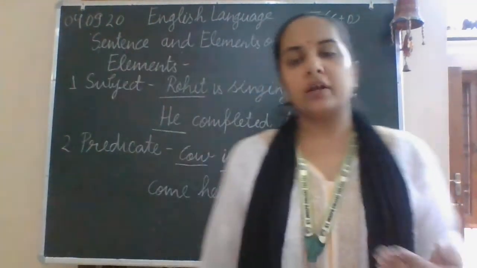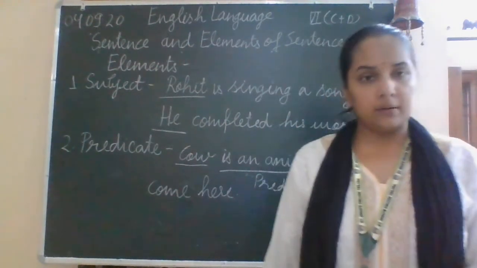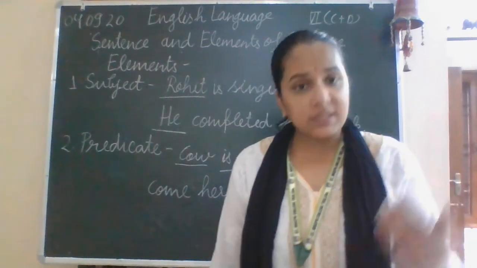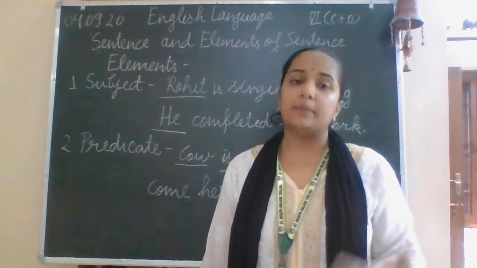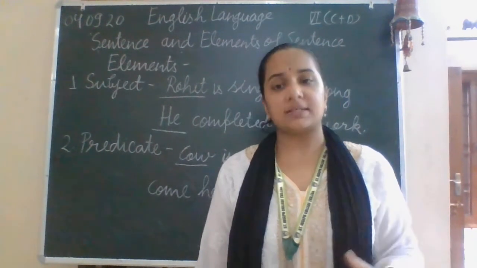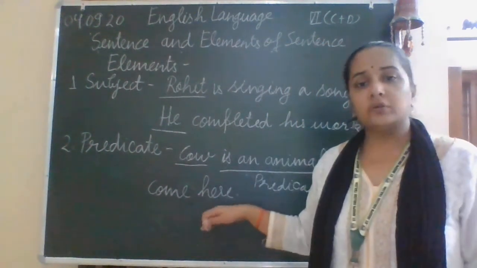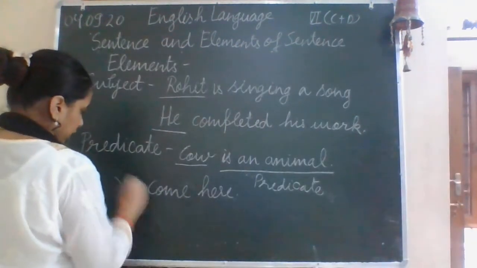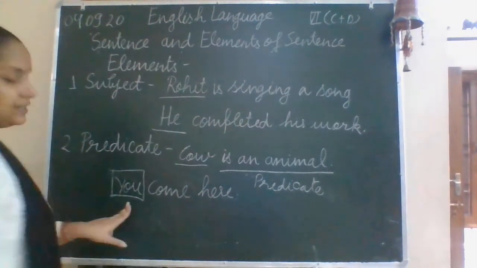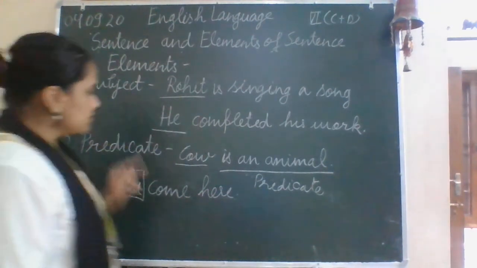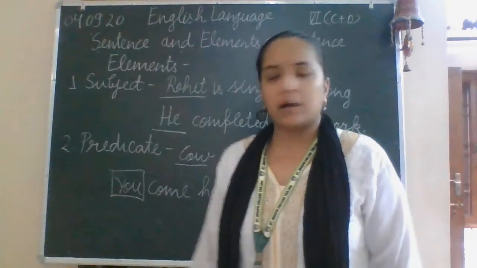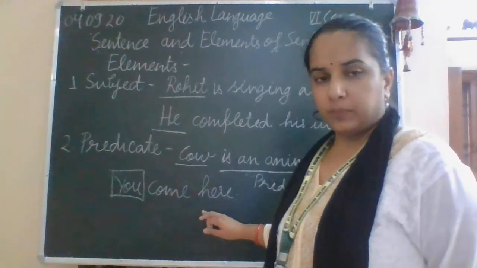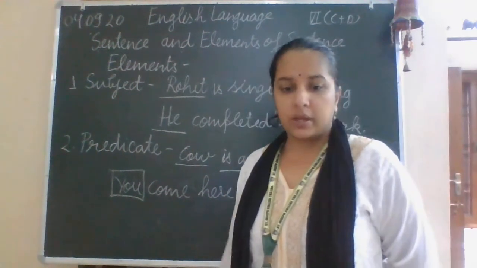You are standing in front of me and I just told you, come here. So it simply means you come here. To the person standing in front of me, I'm asking to come near to me. So here this you is not written, it is understood. So in such kind of sentences, or in the commands, we do not have the subject, we only have the predicate and the subject is understood.